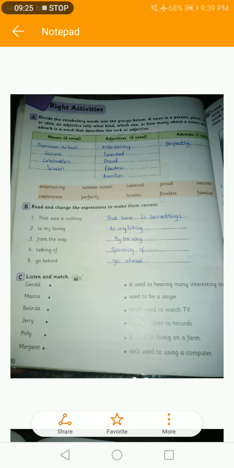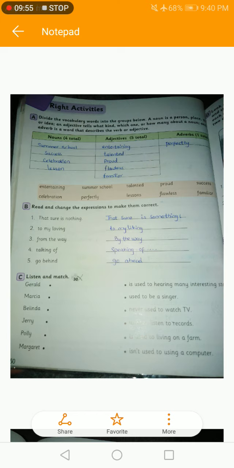An adjective tells us what kind, which one, or how many about a noun. And an adverb is a word that describes the verb or adjective. So we have different vocabulary words, and we have to divide them into noun, adjective, and adverb. As you know, a noun is the name of a person, place, thing, or an idea, an adjective tells us what kind, which one, or how many about a noun, and an adverb is a word that describes the verb or adjective.